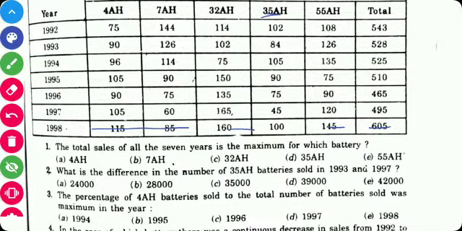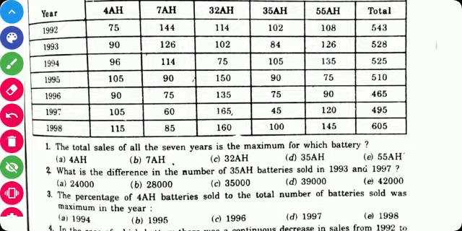See, this is the 35AH battery. In 1993 it is 84, and in 1997 it is 45. So 84 minus 45 means 39. 84,000 minus 45,000 means 39,000 is the difference in the number of 35AH batteries.